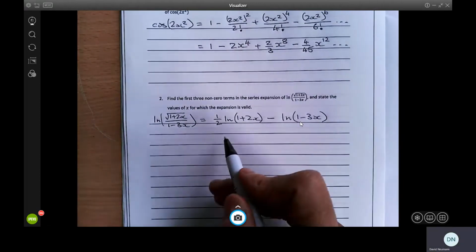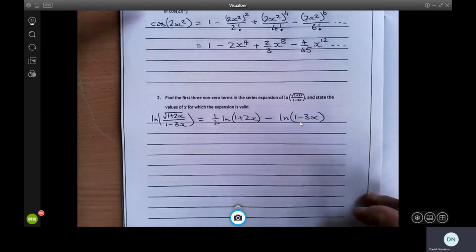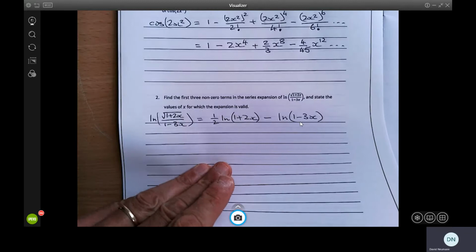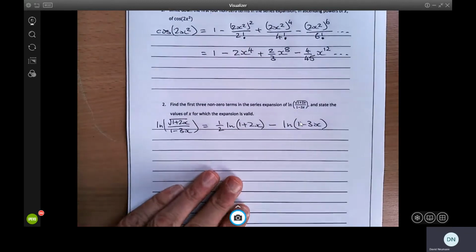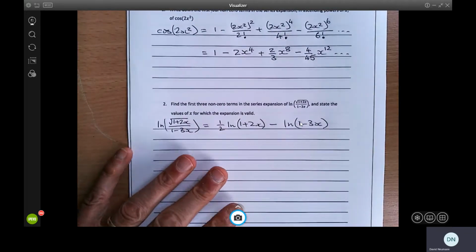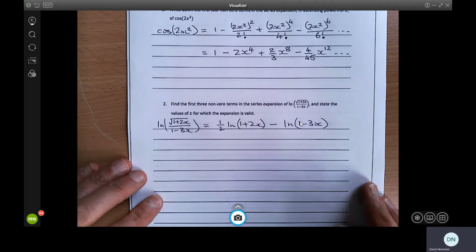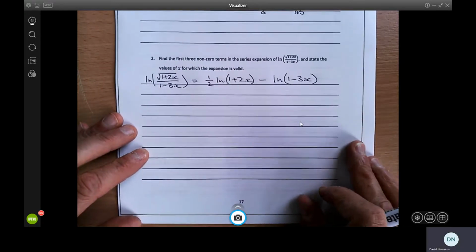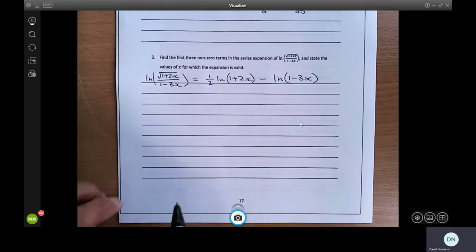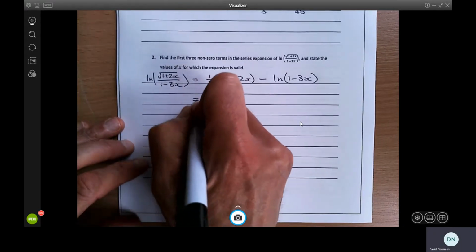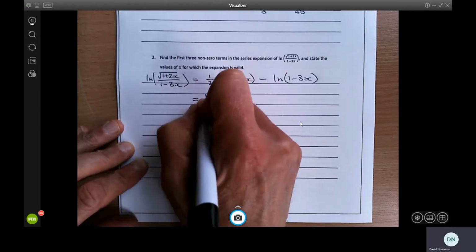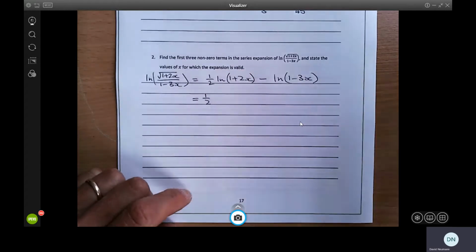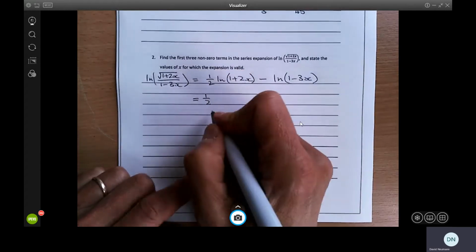And now we're going to expand each one of these using the expansion for ln of 1 plus x, which we saw previously and which is also in the formula book. So let's just go a bit further up there. There we are. So this is going to be equal to a half of, so instead of x in our expansion in the formula book, we've got 2x.